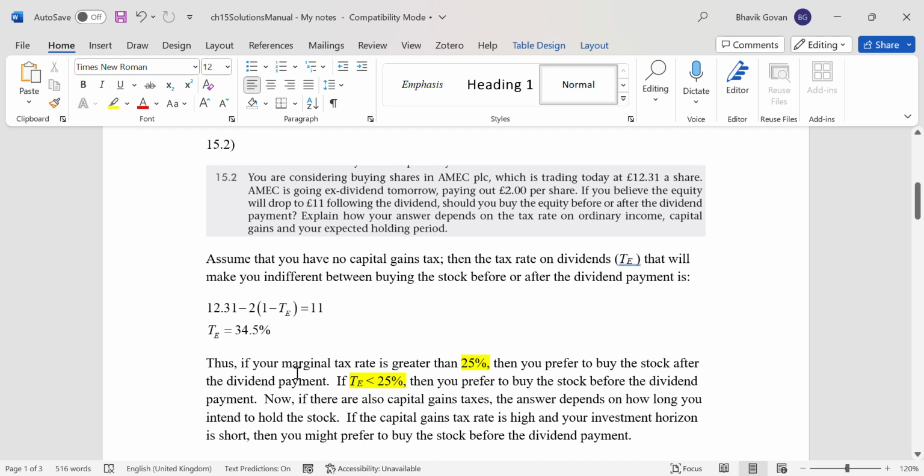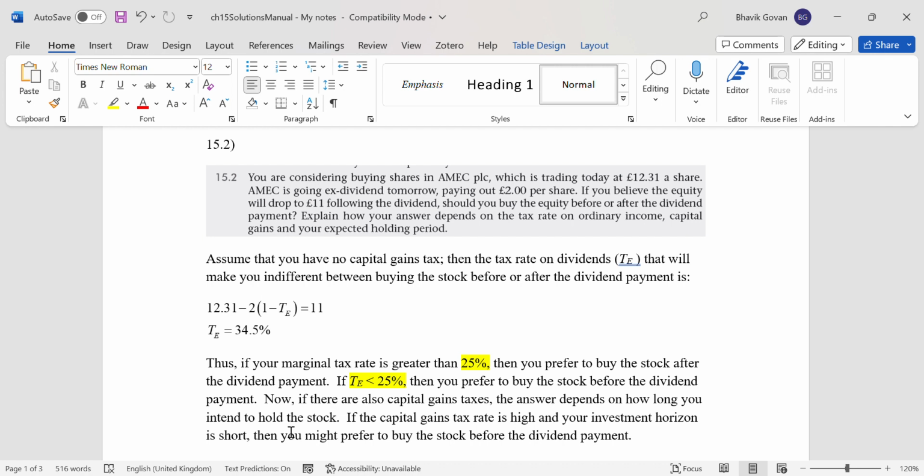So thus, if your marginal tax rate is greater than, I think this was a typo, so instead of 25%, it should be the 34.5%, which is what we've calculated. Thus, if your marginal tax rate is greater than 34.5%, then you prefer to buy the stock after the dividend payment. If your tax rate, your TE, is less than 34.5%, you prefer to buy the stock before the dividend payment.